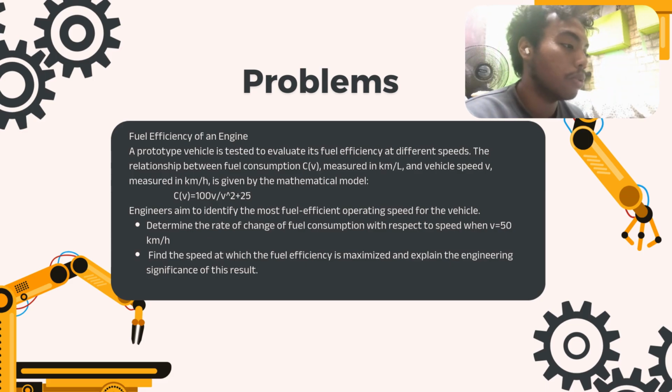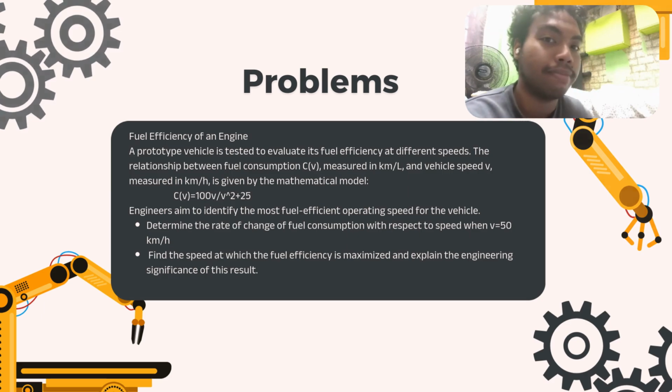Engineers aim to identify the most fuel-efficient operating speed for the vehicle. Number 1, determine the rate of change of fuel consumption with respect to speed when V equals 15 km per hour. Number 2, find the speed at which the fuel efficiency is maximized and explain the engineering significance of this result.